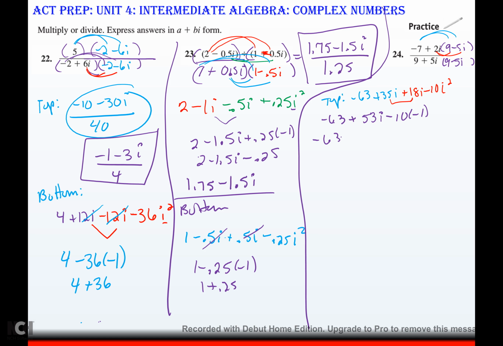That's negative 63 plus 53i plus 10. Combine like terms, and on top I get negative 53 plus 53i. And there's my top.